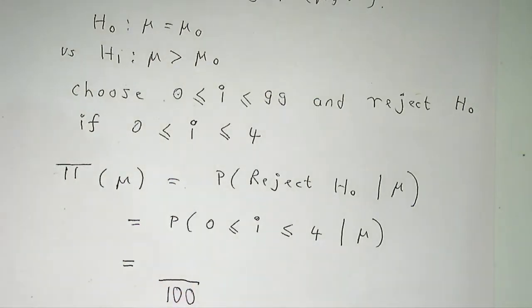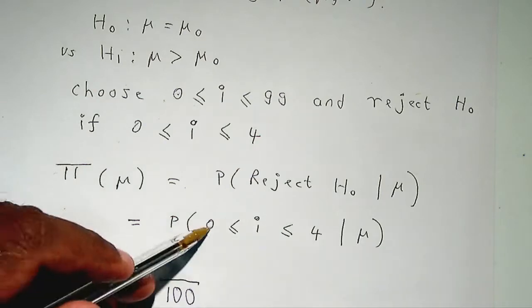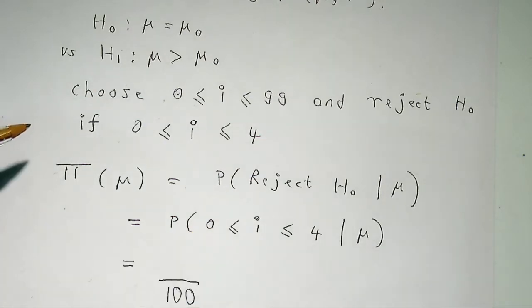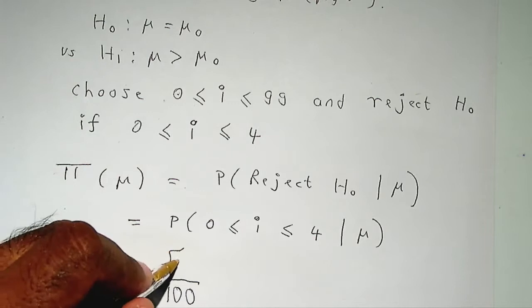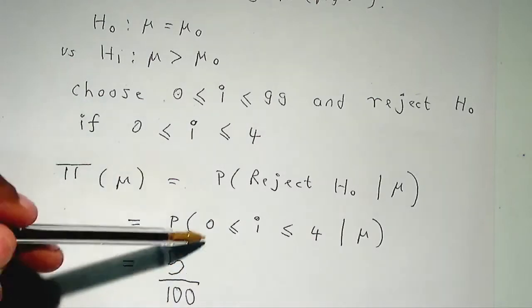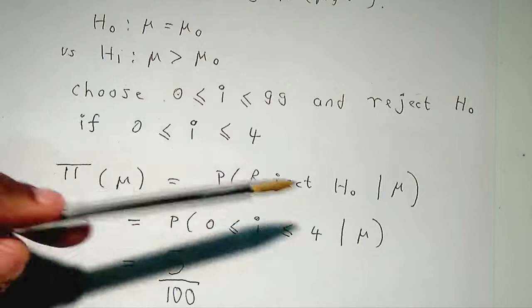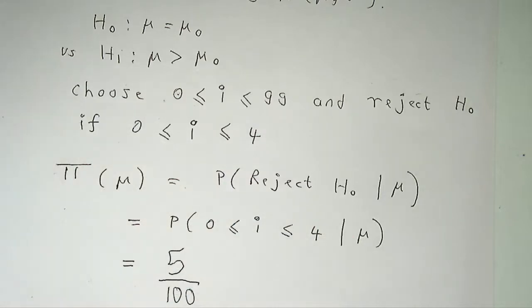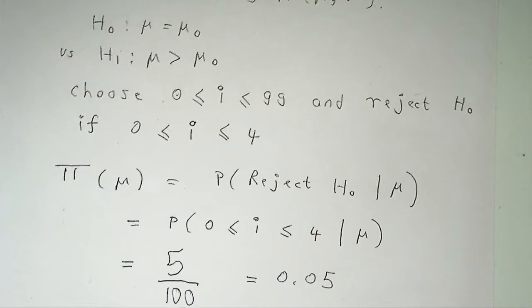You have 100 numbers, right? And how many numbers are between 0 and 4? 5. So the probability that I is between 0 and 4, given mu, is equal to 5 divided by 100, which is 0.05. You guys with me?